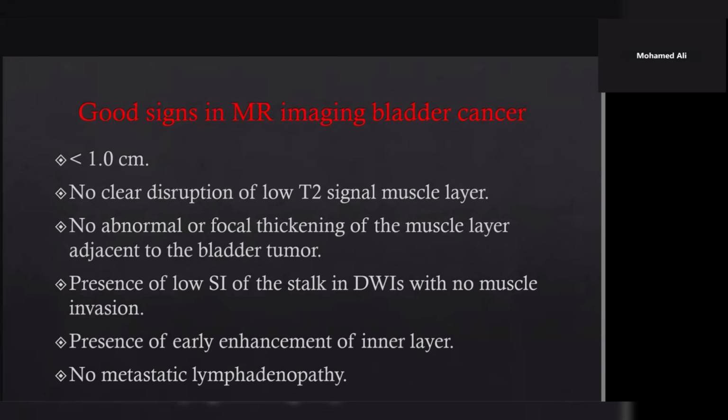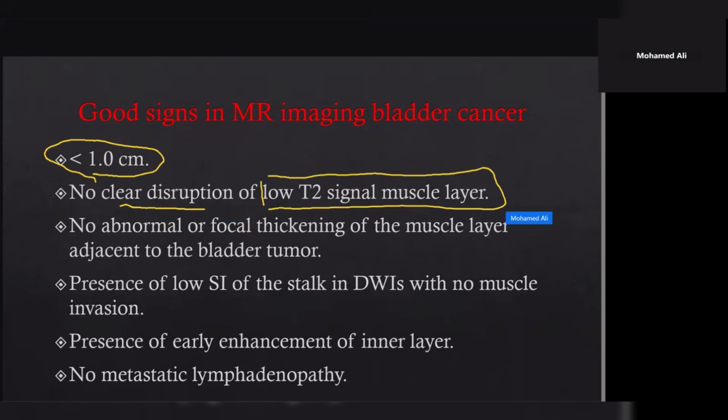If the mass lesion is less than 1 centimeter, no clear disruption of the low T2 signal of the muscle layer, no abnormal focal thickening of the muscle layer. This one is very important. If you have a mass very close to the muscle layer and the muscle layer doesn't show any significant thickening, so it is considered as a good sign.